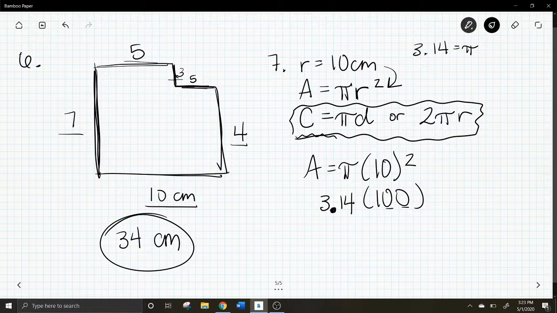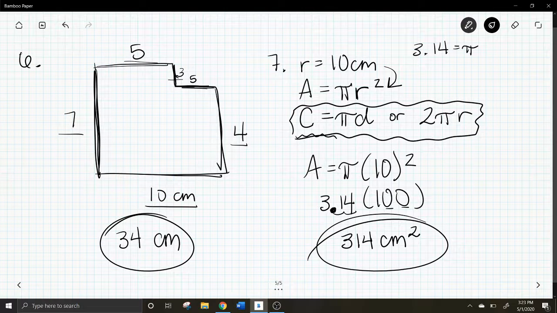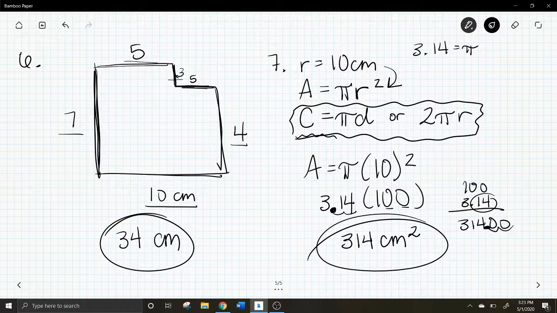So 3.14 times 100, we just move our decimal over and we get 314 centimeters. And because it's area, it's going to be squared. Or you could have written that out the long way. 100 times 3.14, we've gotten 31400, and it has 2 decimal places, so we move it over here, and you would have gotten the same thing the long way. All right, so the area is 314 centimeters squared.